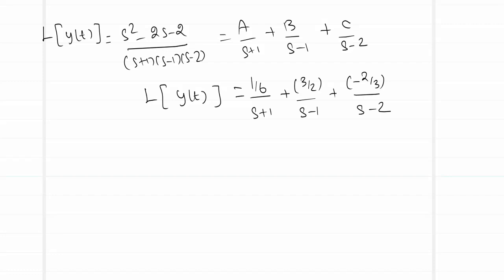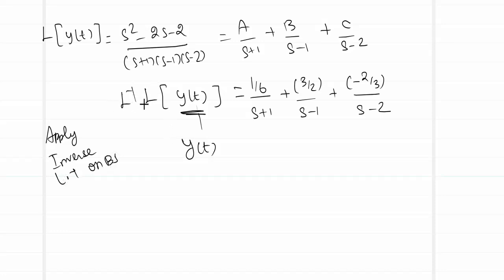Now, we need to keep in mind what is our prime objective? To find y of t. Now, how to get my y of t back from my Laplace of y of t? So, what I will do in the last stage is apply inverse Laplace transforms on both sides. So, Laplace inverse of Laplace will give me back y of t. What will happen to the right hand side now?